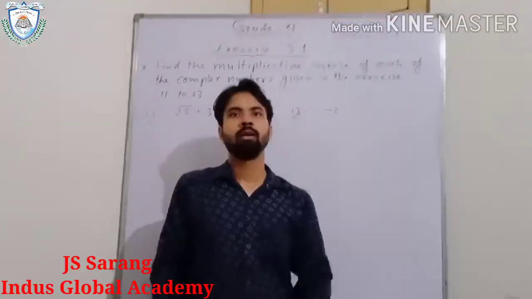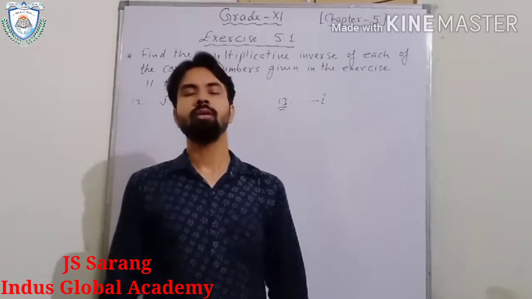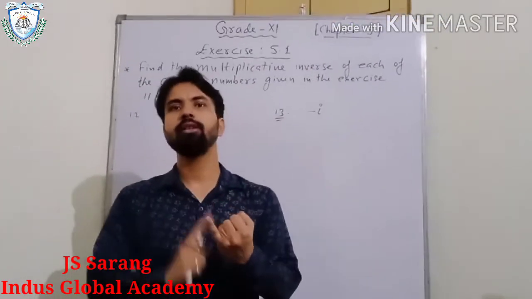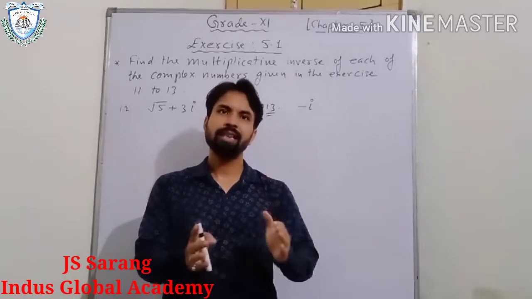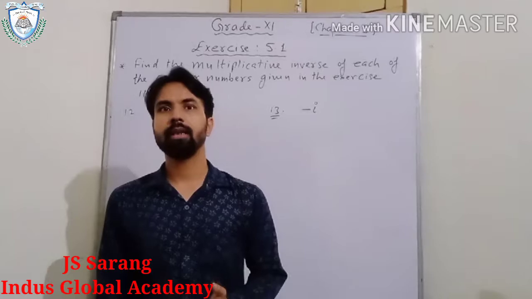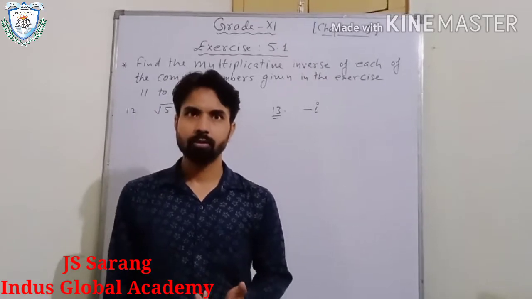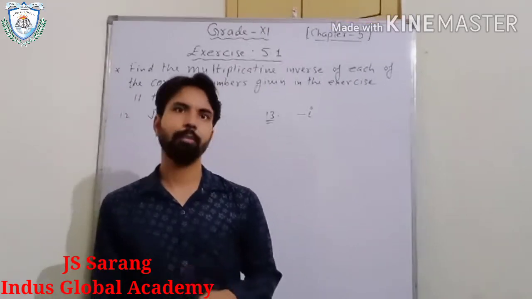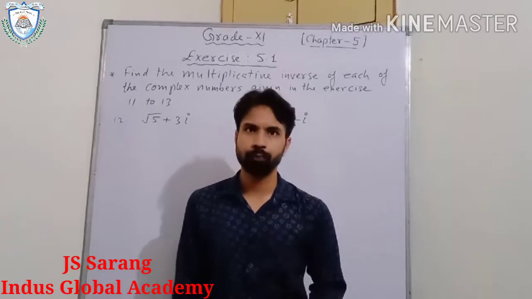Understood? Okay students, from question number 1 to 10, some complex numbers were given and we have to convert them into the form a plus ib. I explained 4 questions, the remaining 6 you will try at home. Understood?